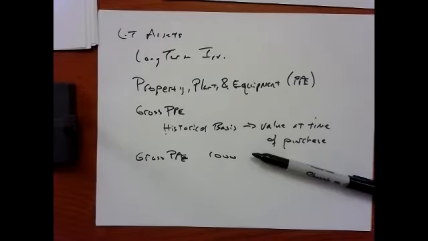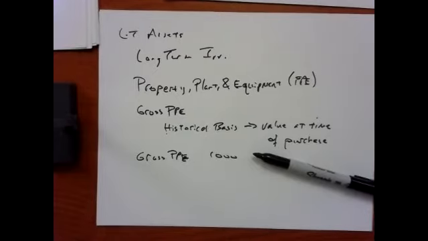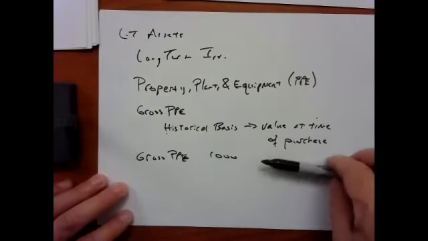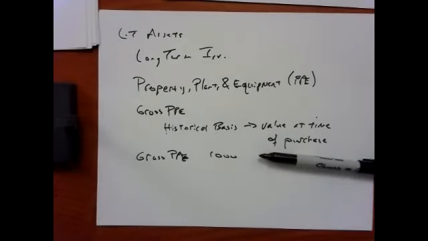Now, their gross PPE line doesn't just have my laptop, obviously. It has all of the buildings on campus, all of the little white vans that drive around and get on the sidewalks all the time, all of the desks and chairs, all of the computers. Everything that the university has is in that gross PPE line at the price that they paid for it.